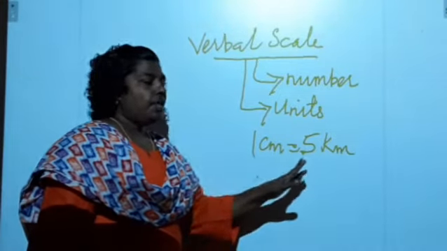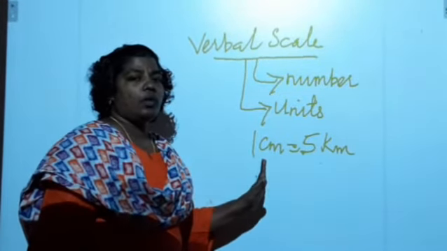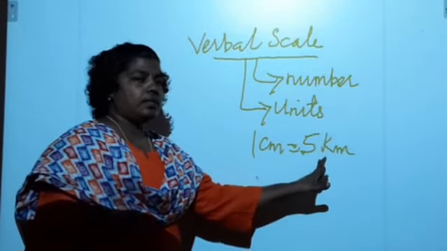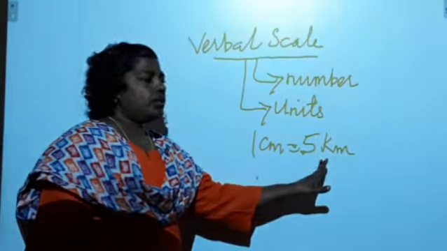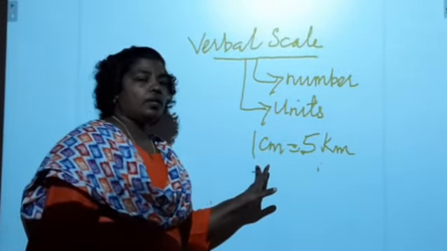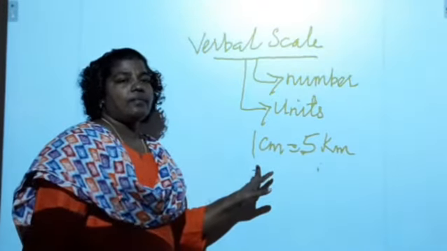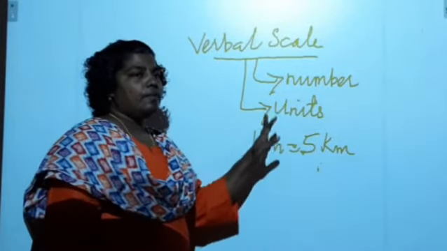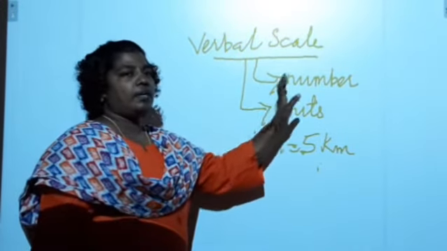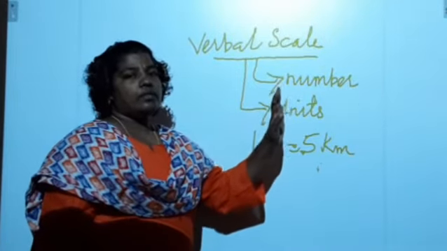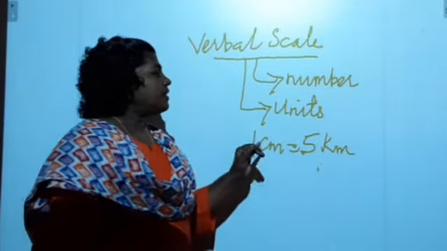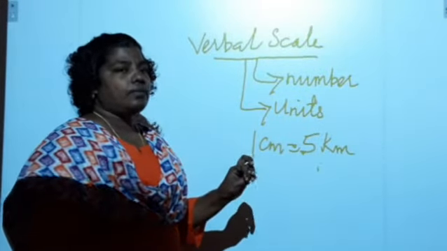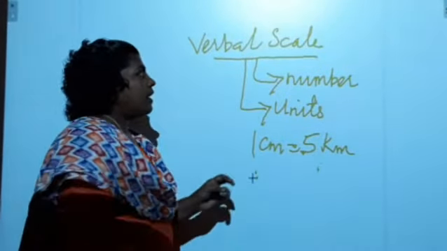Okay, because the actual distance cannot be shown on a map. So the ground distance 5 kilometers is taken as 1 centimeter on a map. This is verbal scale or statement. Okay, because it is simply noted in statement. It is given in numbers. Did you understand? The next scale you are going to see is graphic or linear scale.